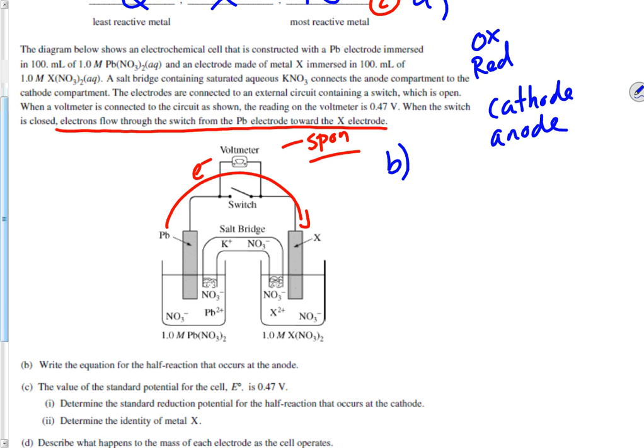Does anybody know which one happens at which? That's right. An ox and a red cat. You remember this as an ox and a red cat. So anode, cathode. So the question says, write the half reaction that occurs at the anode.